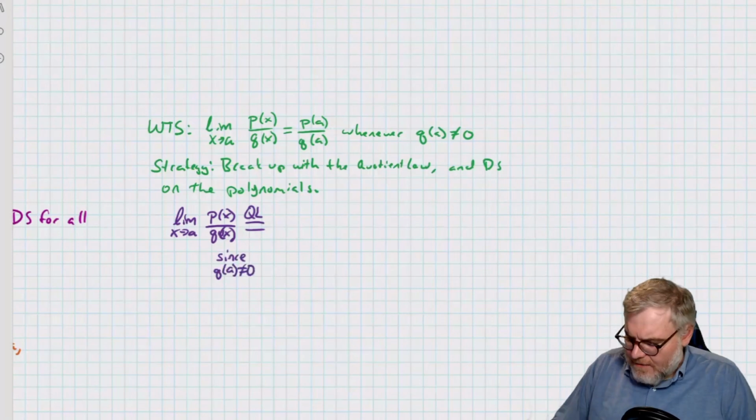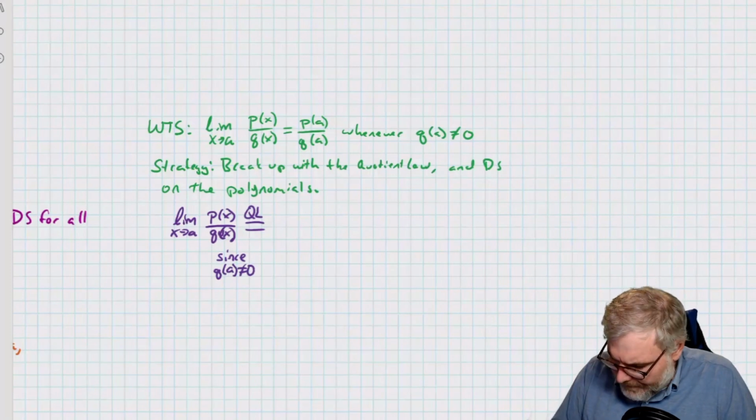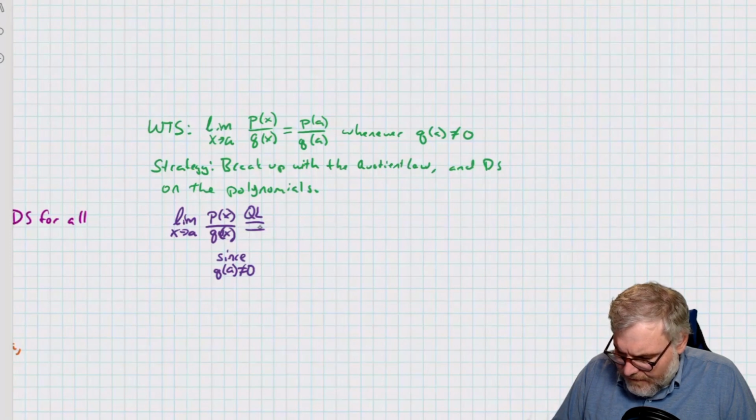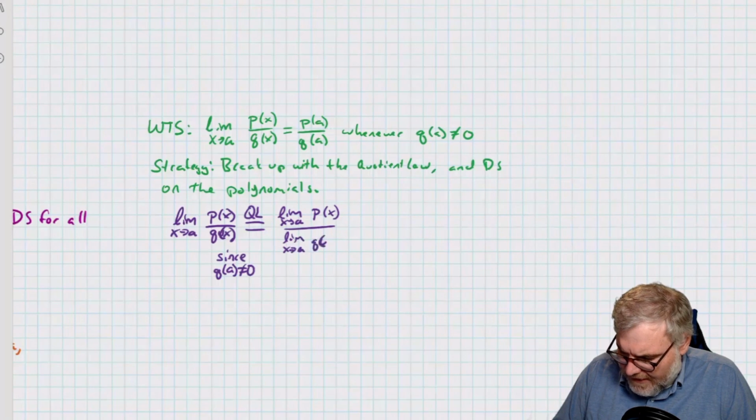I can do this because q of a does not equal 0. So the limit as x goes to a of p of x over q of x equals the limit as x goes to a of p of x over the limit as x goes to a of q of x.